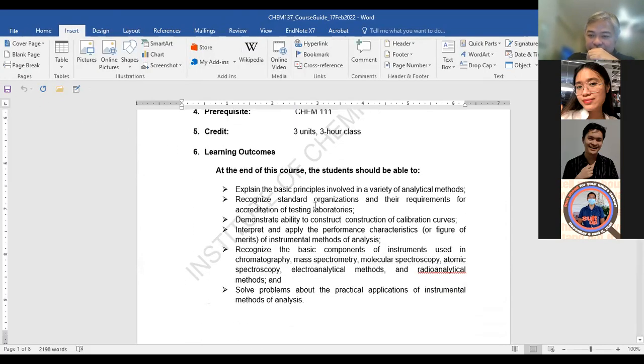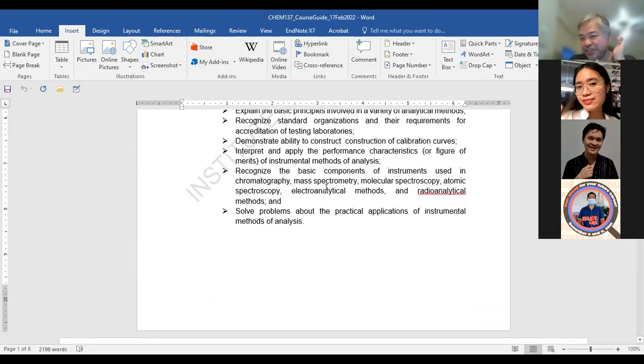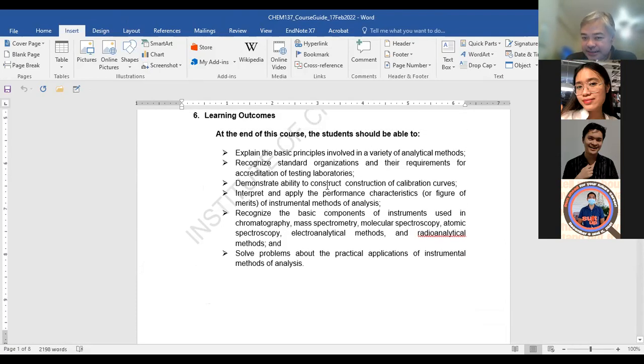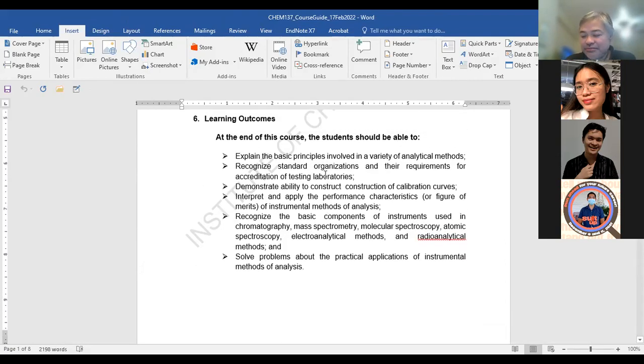Okay, so to make sure that you will be guided, or ano yung kailangan yung gawin para pumasa sa course na to, you have to meet these learning outcomes. So explain the basic principles involved in a variety of analytical methods. Recognize standard organizations and their requirements for accreditation of testing laboratories. Demonstrate ability to construct calibration curves.